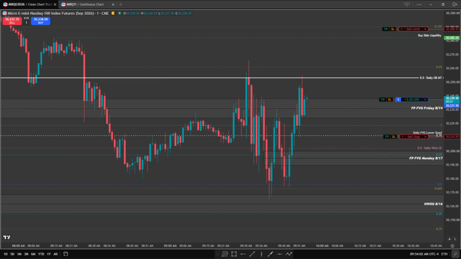Just to go higher right now on this candle. Getting kind of a bad feeling about this trade. Needs to leave this first presented from Friday and go higher.